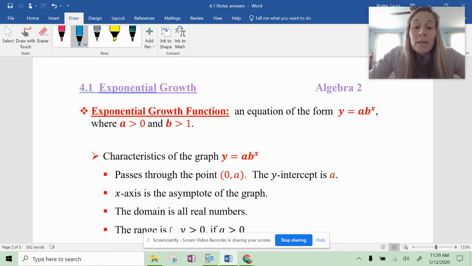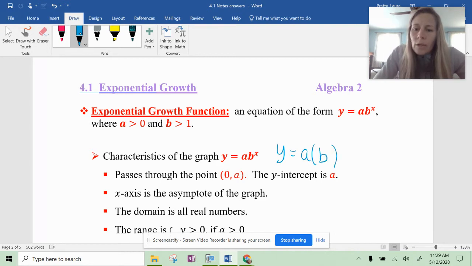So the b value can be greater than 1 or less than 1, but still has to be positive. And that's going to tell you what's going to happen with that starting value. Is it going to increase or decrease? So again, this is kind of similar to chapter 7 when we were talking about the geometric sequences. It's very similar actually, if you think about it.